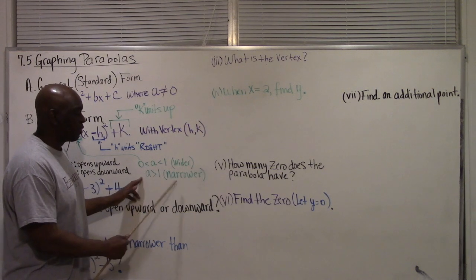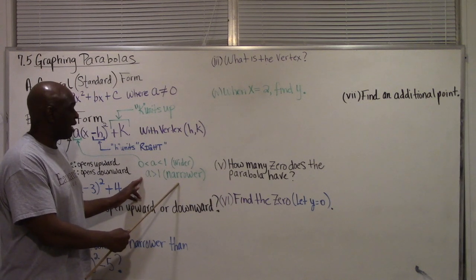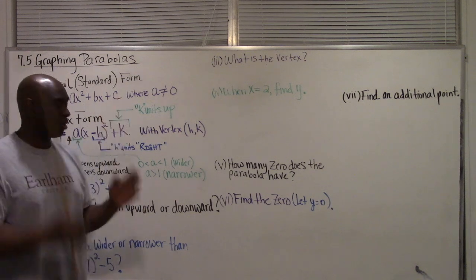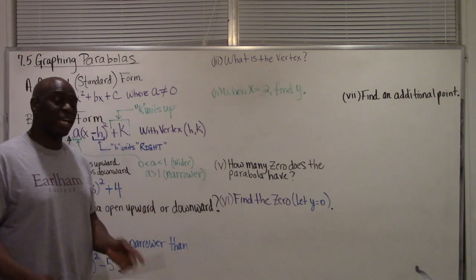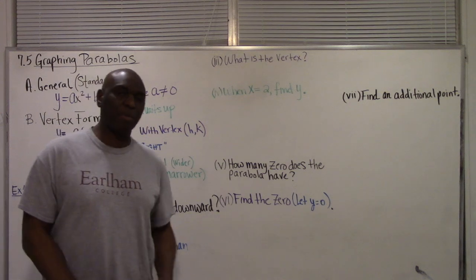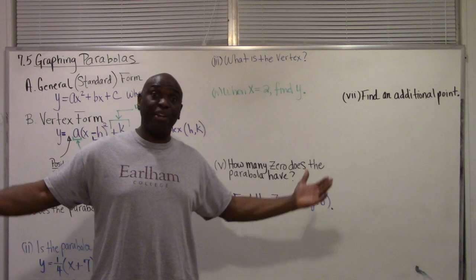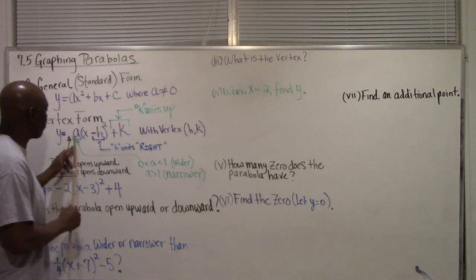If a is greater than 1, then our vertical stretch causes the parabola to be narrower. So if a is bigger than 1, we have a narrower parabola. If a is between 0 and 1, we have a wider parabola. That's really important for a.